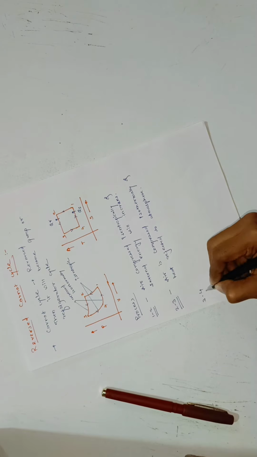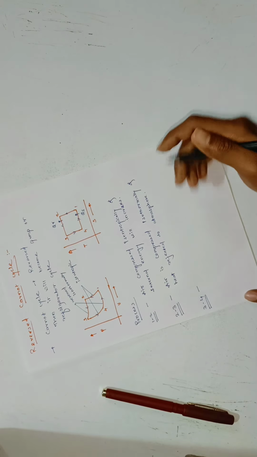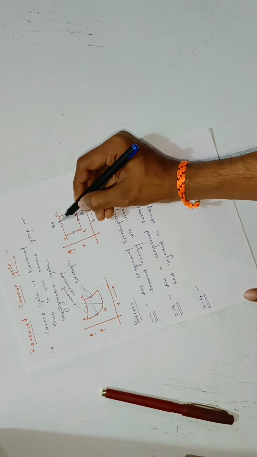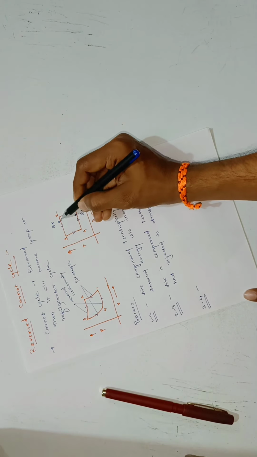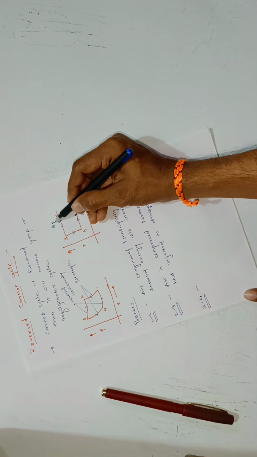Next is 3 to 4. From 2 to 3, that is where the heat is rejected to the atmosphere.